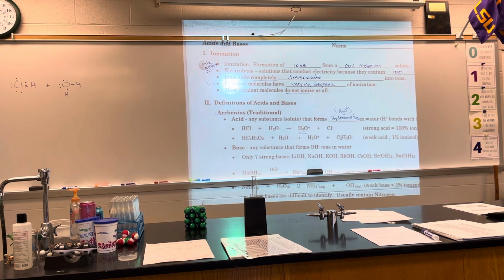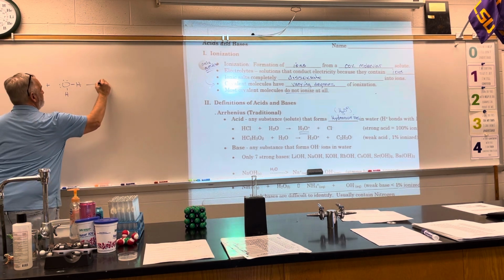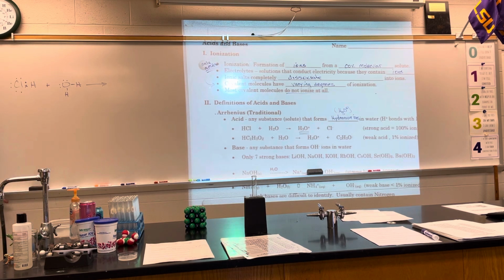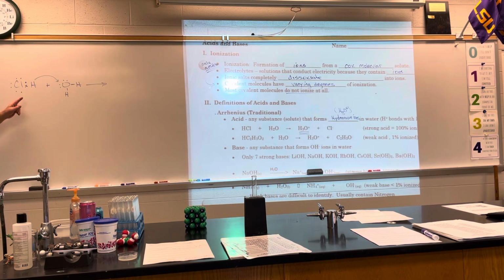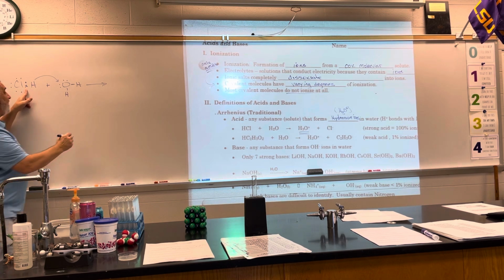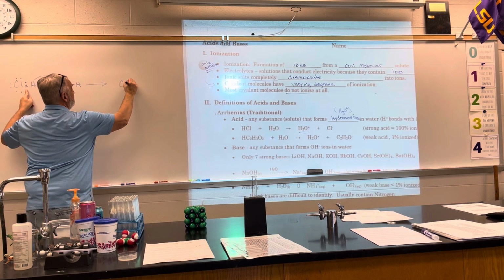So what does that mean? What's going to happen? How do I get H3O plus? You disconnect the chlorine from the hydrogen and then add. So the hydrogen gets added to this, right? So the bond gets broken, but the electron gets left behind.